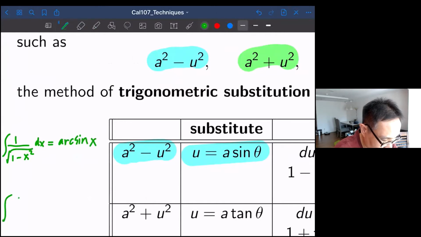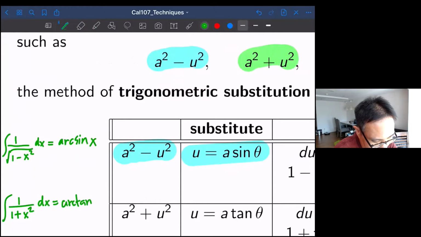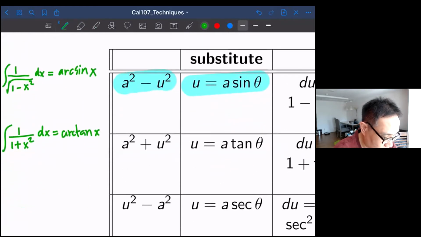And you integrate 1 over 1 plus x squared dx, and this will be arctan x. And finally, you integrate 1 over x times square root of x squared minus 1, and this one is arcsec x.